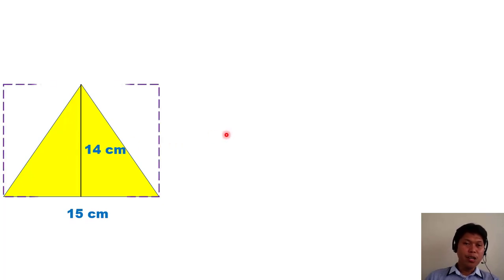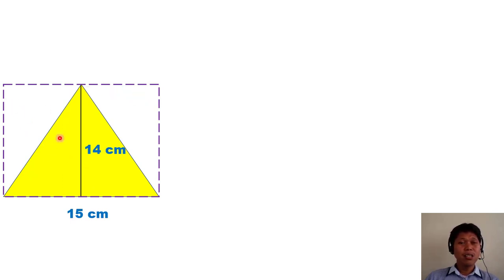So if you're going to draw a parallelogram with the same base, which is 15, and the height, which is 14, as you can see, this side here is 1/2 of this. Okay, this is the whole parallelogram here. And then this one is also the same size as this.